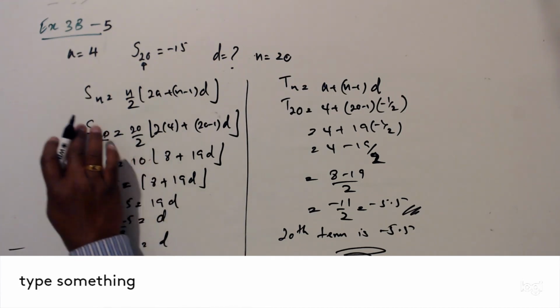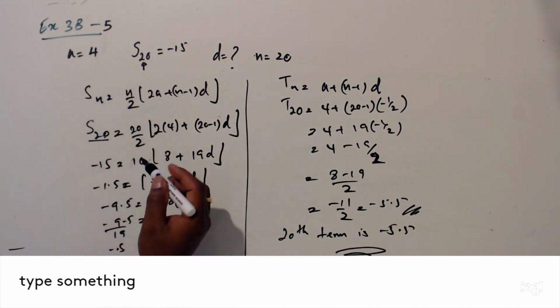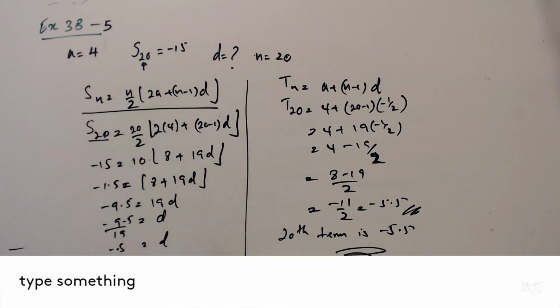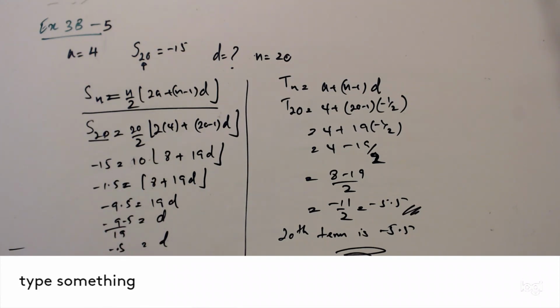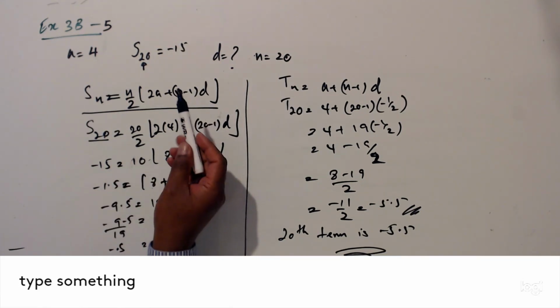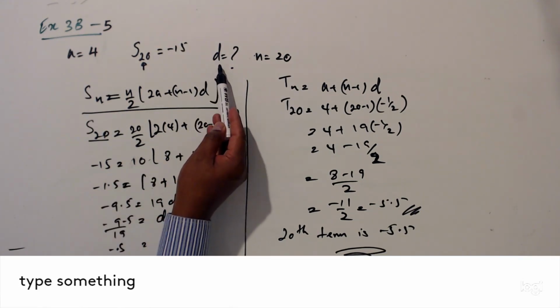Just to summarize this sum, this is a linear equation, just one equation, and you can find only one unknown. For example, the unknown here is d.